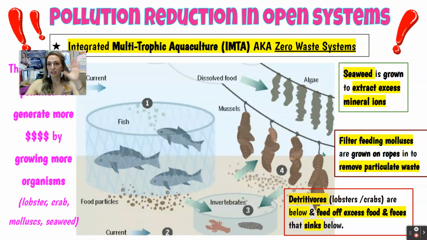Mussels will be there to clean out the rest of any of the particulates and filter feed through the water. But then you can sell the algae, the mussels, your crustacean species, or the detritivores, and down here is also a sea cucumber, and then obviously the fish.